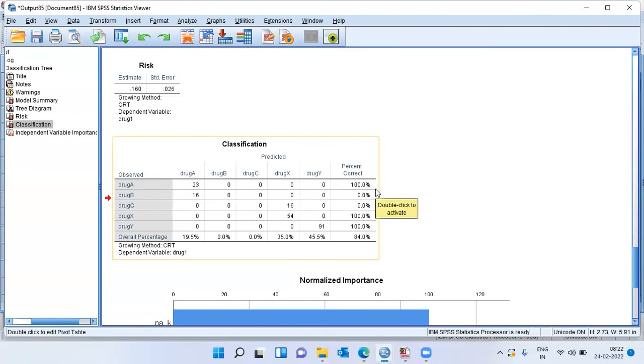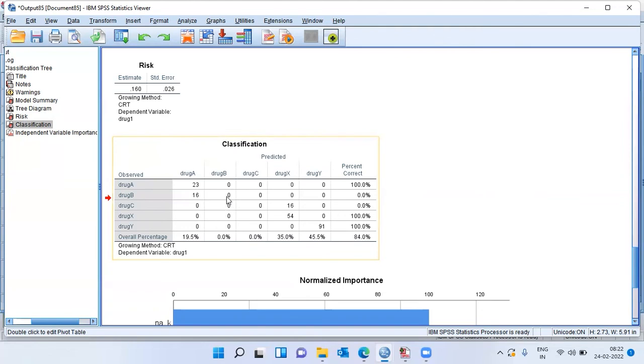So in identifying those patients who have responded to drug A, my model is 100% correct. My model is also doing a good job when it comes to identifying drug X and drug Y, because I see 100% accuracy here. Where my model is not doing that good would be drug B and drug C.